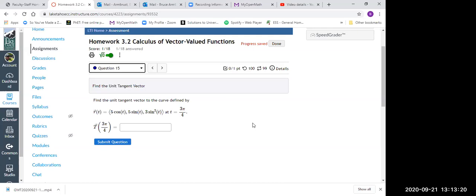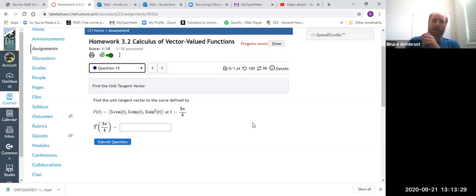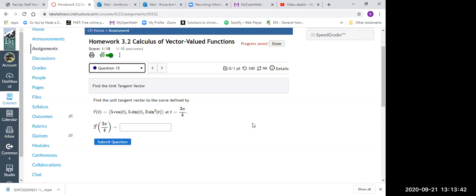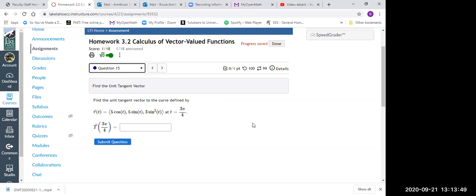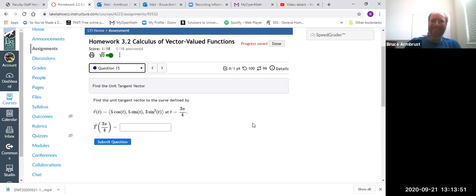T equals r prime of t over, isn't it the square root of r prime of t squared? So r prime of t dotted with r prime of t, not r of t squared, because that notation doesn't really make sense anymore. But yes, you can dot it, take the square root, or just realize it's the magnitude of that vector. Yeah, the magnitude. I couldn't remember what it was. It's all good. Magnitude.